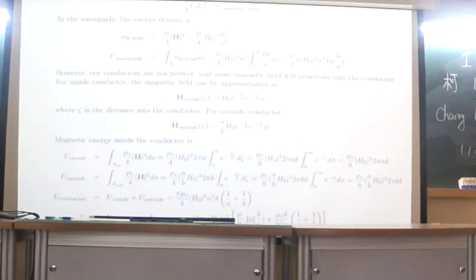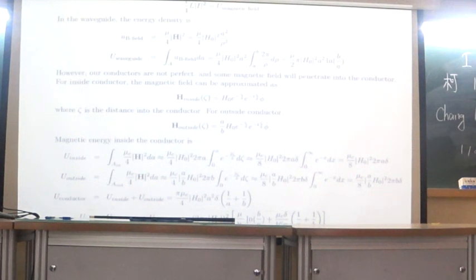Hence, the energy density inside the conductor is mu c over 4 times H squared, and the integrated region is the inside area.